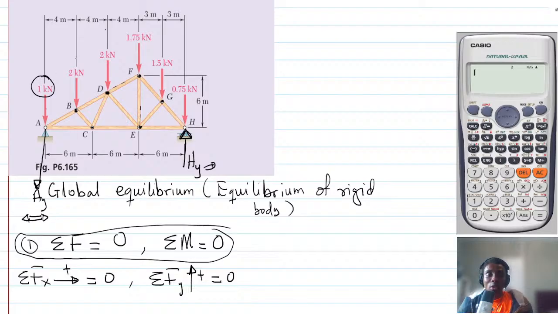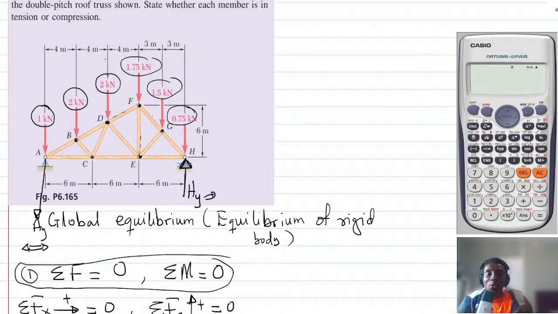So 1, 2, 2, 1.75, 1.5, 0.75, they are all coming down, so they will be negated. Let's add those forces: 1 plus 2 plus 2 plus 1.75 plus 1.5 plus 0.75, and that's 9.